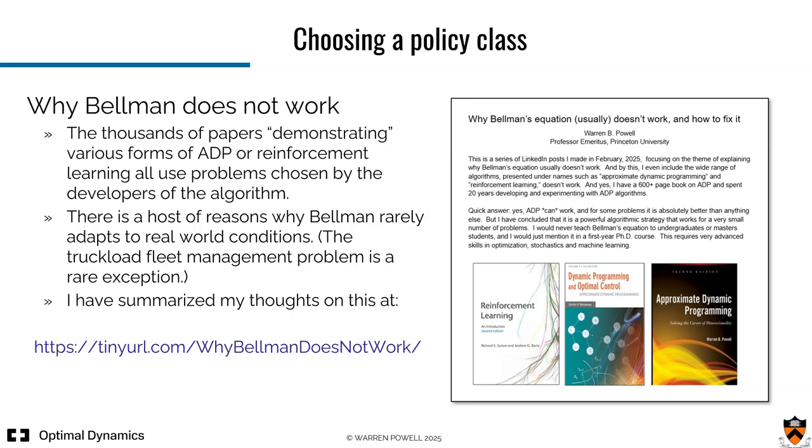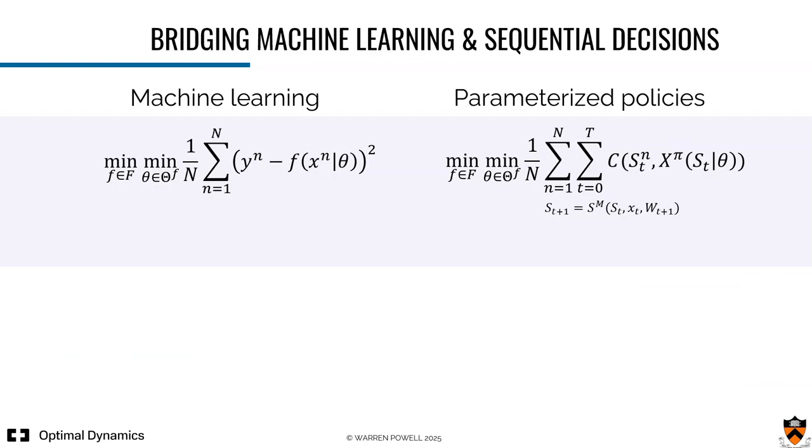Now, why would they have those other classes of policies? Well, it's because approximating Bellman's equation is hard. And while we may be able to get it working in an academic paper, in a journal publication, as a general tool, it's just typically not going to be the tool that you end up using.